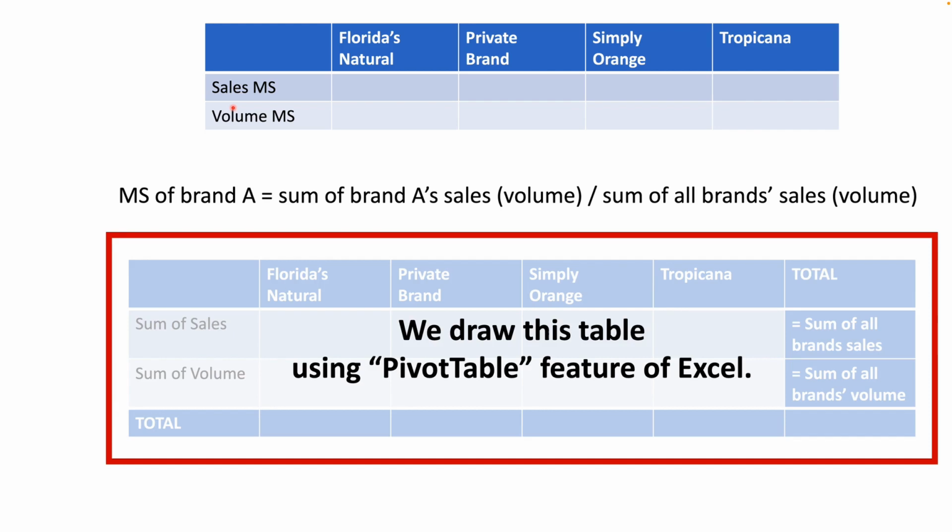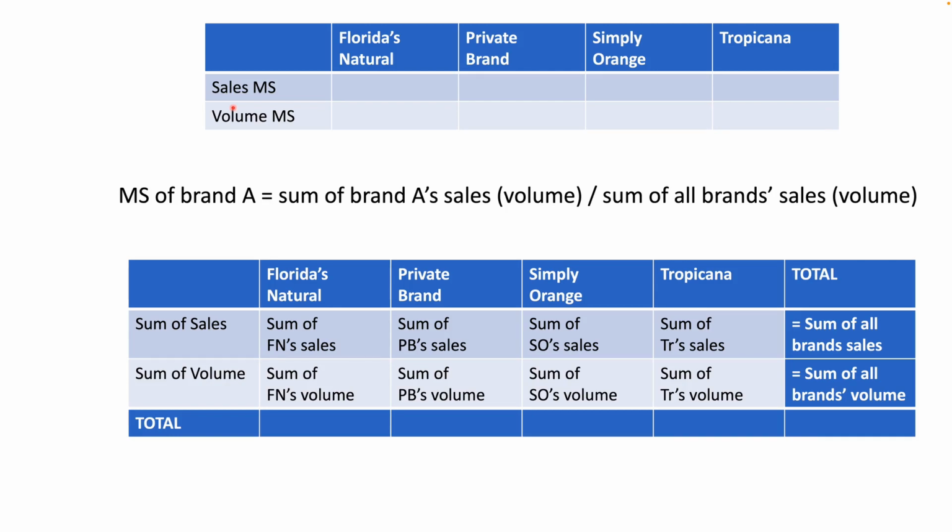We are going to draw the market share table using the pivot table feature of Excel. To do so, please keep in mind the shape of this table. In each column, we are going to have brand, and in each row, we are going to have our target variables, sales and volume.